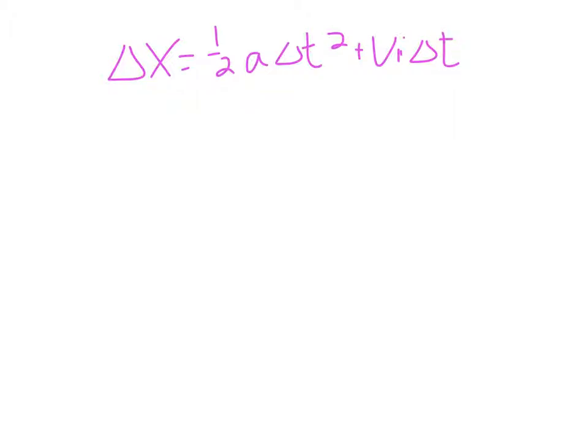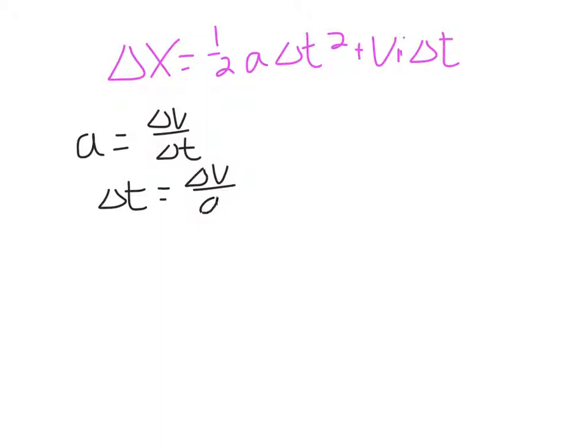Because this is called the no time equation, the first thing we want to do is get rid of time. Going back to my equation for acceleration, a equals delta v over delta t. If I rearrange this, delta t equals delta v over a. I'm going to substitute in this delta v over a for my t's, or delta t's.